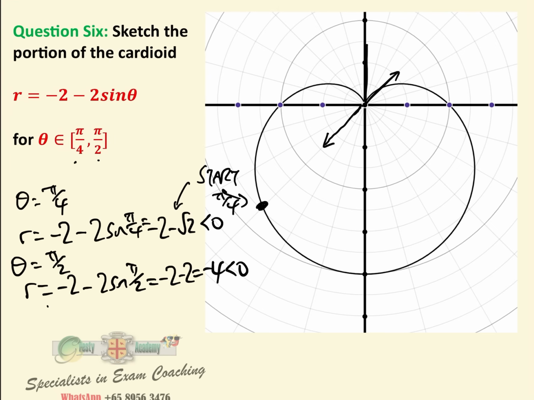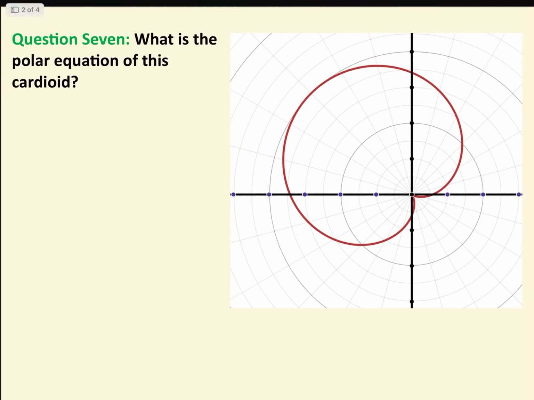Well, when theta is pi over 2, it's going that way, but r is minus, which means it goes that way. So it finishes here. There is the finish at theta is equal to pi over 2. And so therefore the portion is that bit of the curve there. And that's question 6.